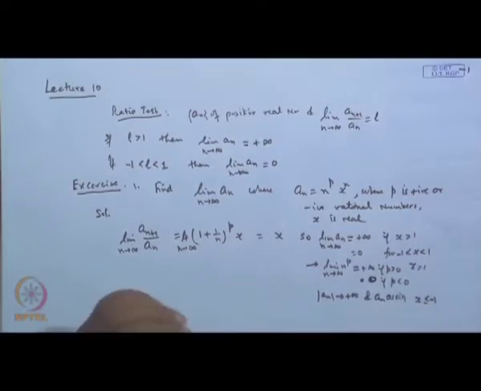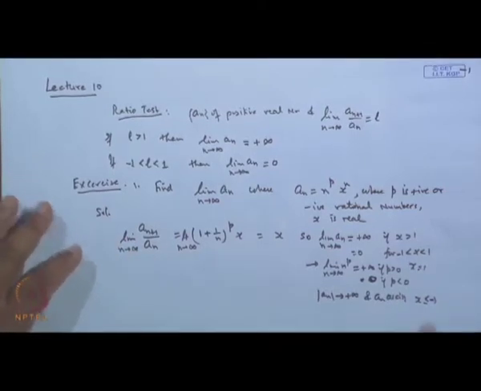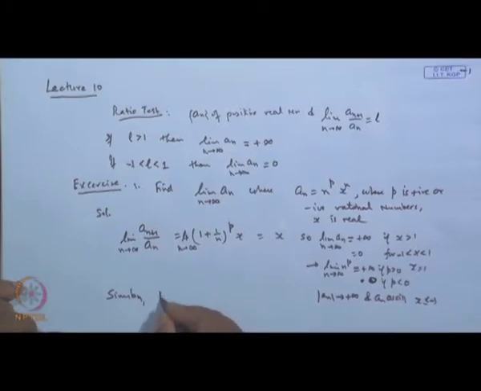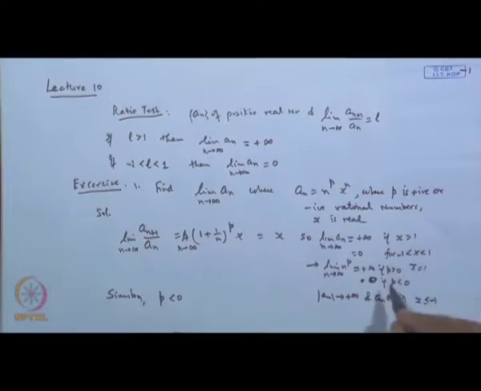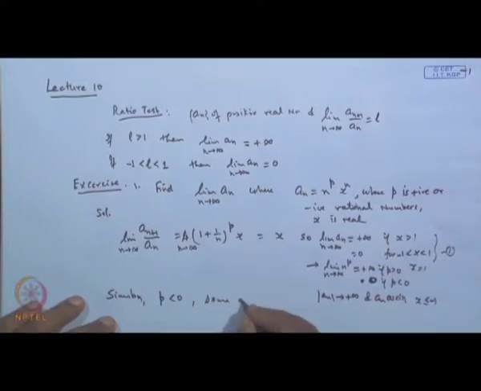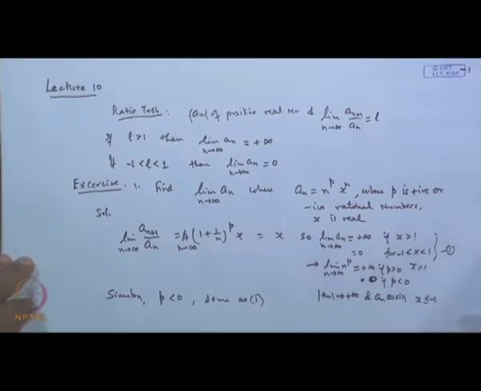Similarly, when p is negative, the same thing happens: for x greater than 1 it is infinity, for x lying between minus 1 and 1 it is 0, and for the others the results are the same as before. Okay, that is one.